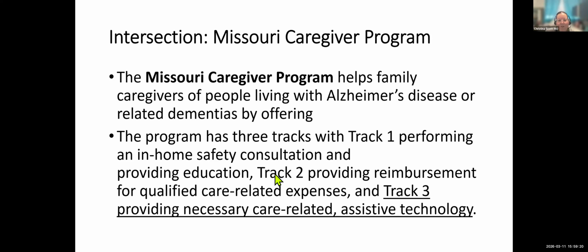And it also involves some DME or other devices that would be supportive to the caregiver, keeping their person living with dementia safe and healthy in their home as long as possible. And it could be even like insurer or adult briefs or something like that as well.